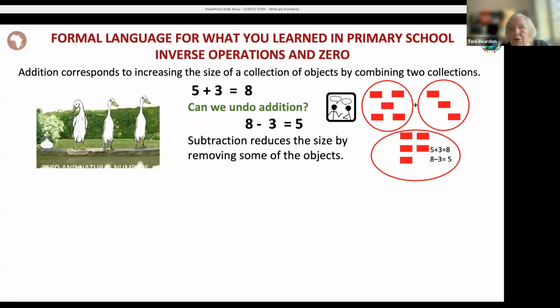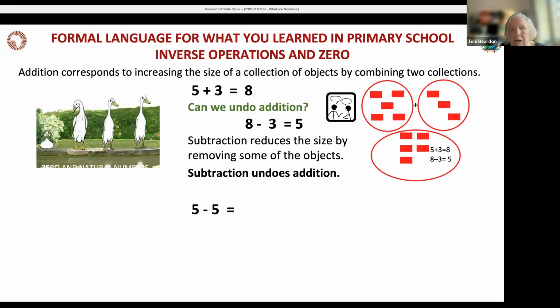Subtraction reduces the size by removing some of the objects. It undoes addition. So this is what we mean by inverse. One process, addition, acts, and then the other undoes that action. Addition and subtraction are inverse operations.